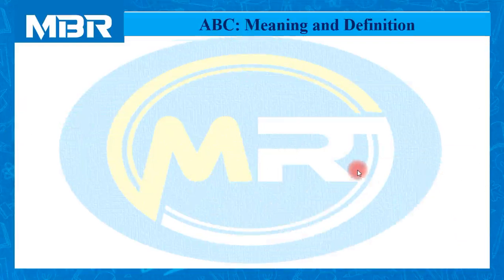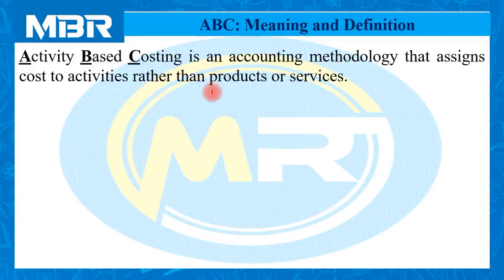Before understanding important terms of the chapter, let us understand the meaning and definition of activity based costing. Activity based costing is an accounting methodology that assigns cost to activities rather than products or services.